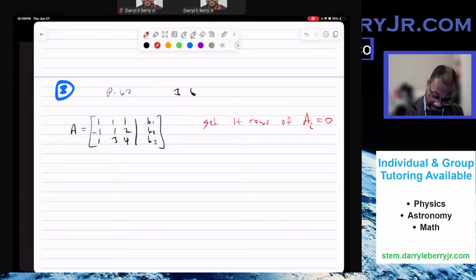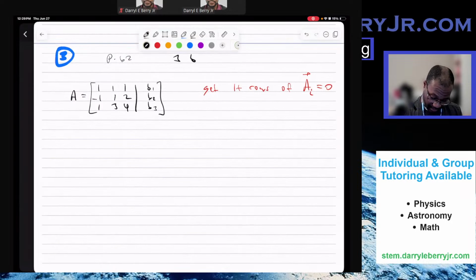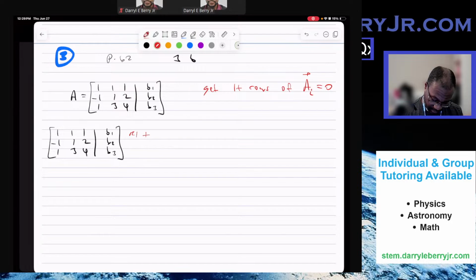And yes, the row is a capital letter. So you want that row to equal 0. So I'll say R1 plus R2, R3 plus R2 is R3.